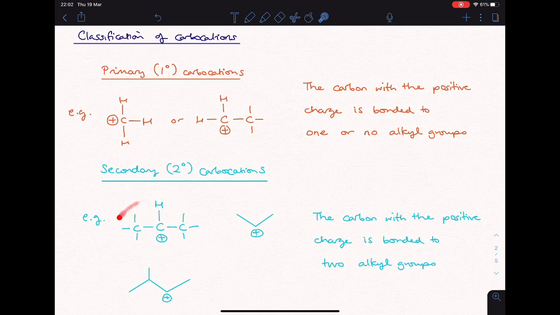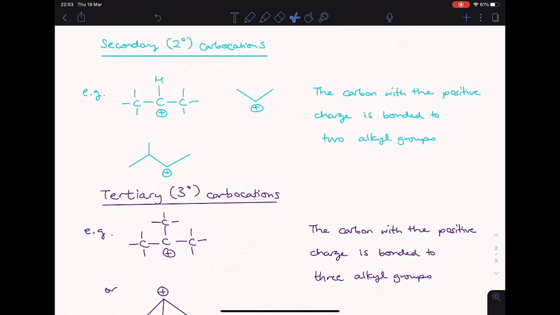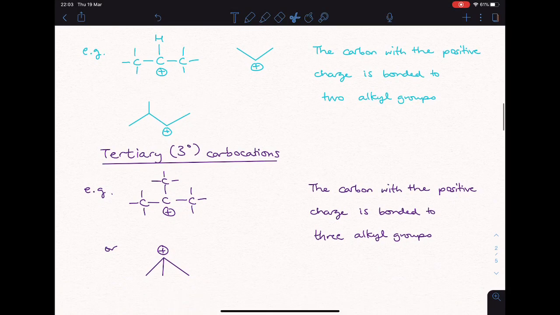Here are some examples where the carbon with the positive charge is bonded to two alkyl groups or two other carbons. Tertiary carbocations are those where the positively charged carbon is bonded to three alkyl groups.